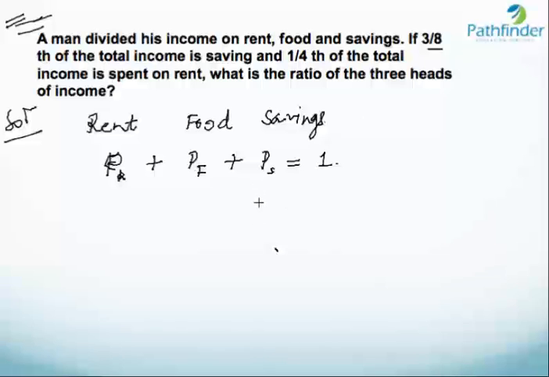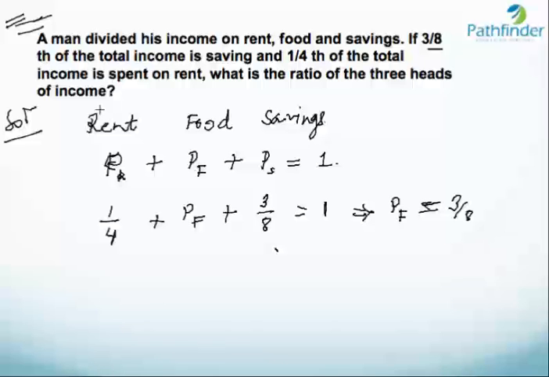So we have 3/8 spent on savings, plus we have 1/4 of the income spent on rent. Therefore, the part spent on food can be easily calculated, and if you calculate this, you will get the value of the part spent on food as 3 by 8.